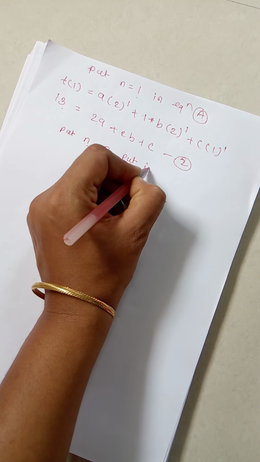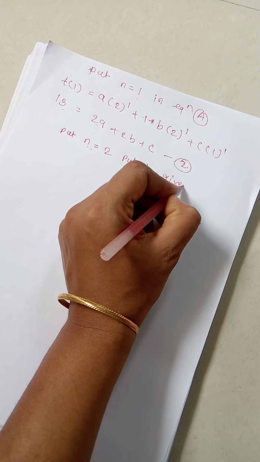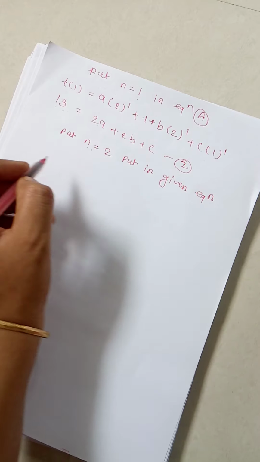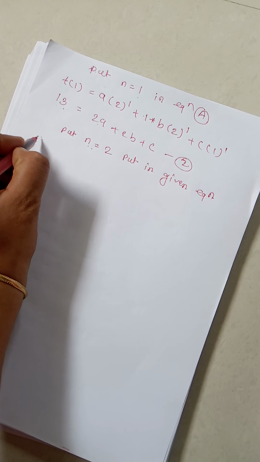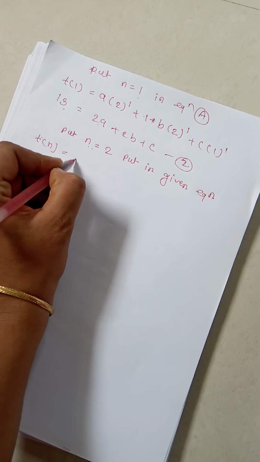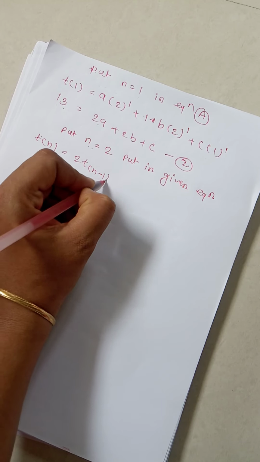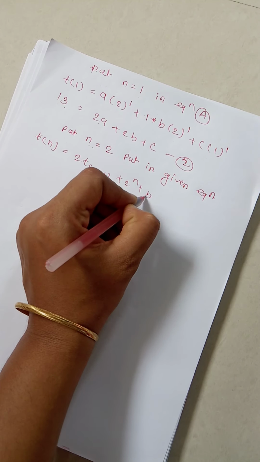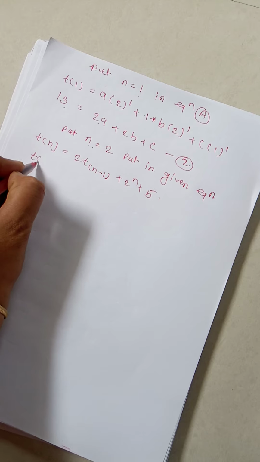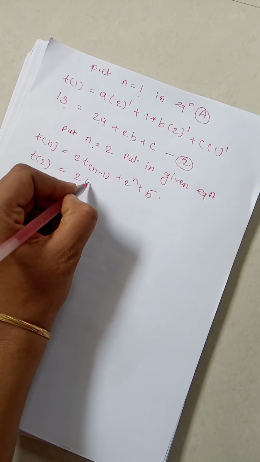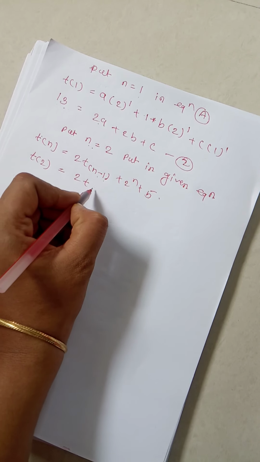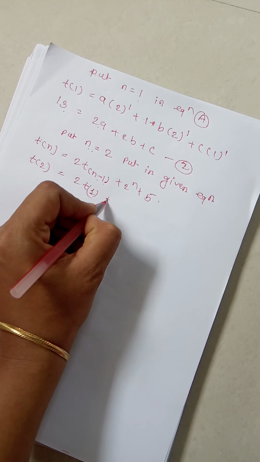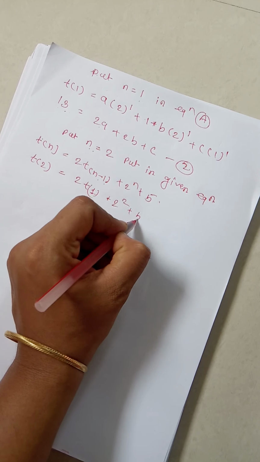Put it in the given equation. What is my given equation? The given equation is t of n is equal to 2t of n minus 1 plus 2 to the power n plus 5. Fine. So t of 2 is equal to 2t of 2 minus 1, that is t of 1, plus 2 to the power 2 plus 5.